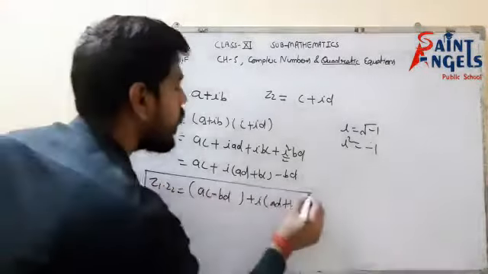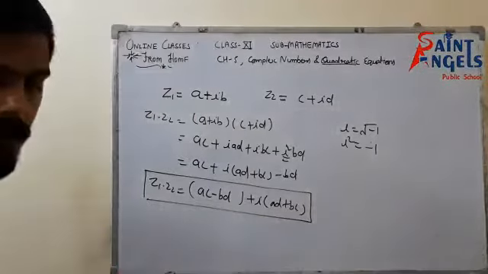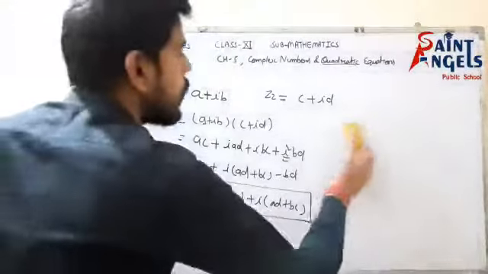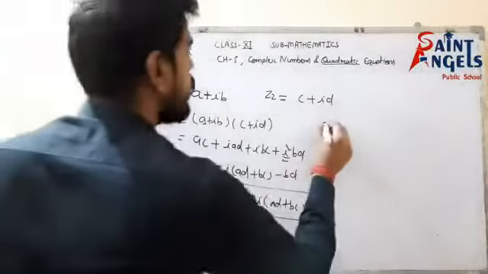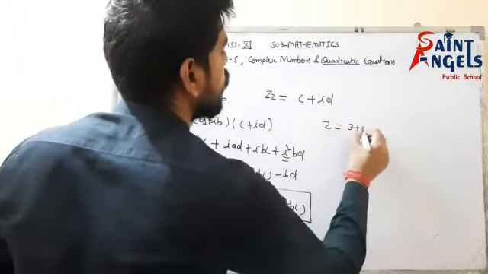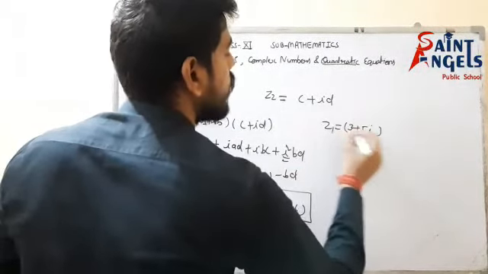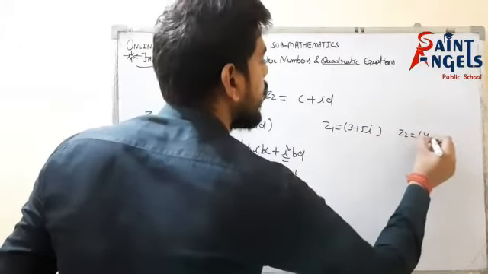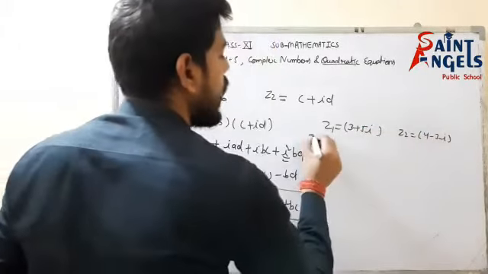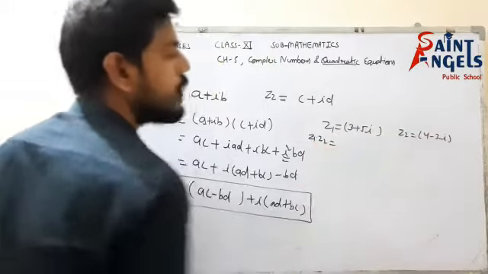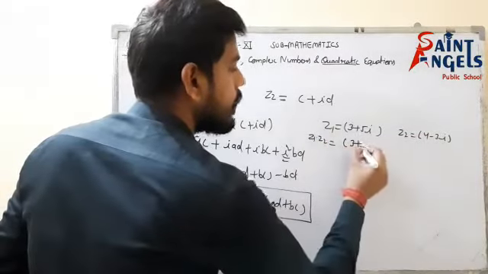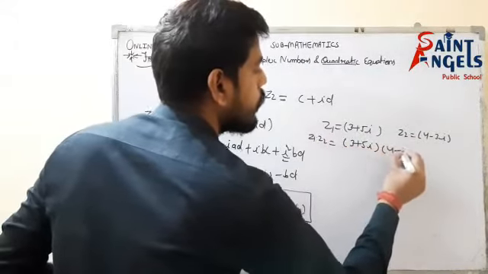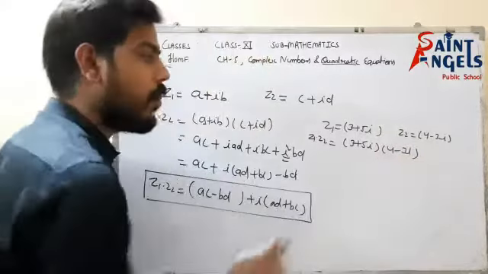This is our multiplication. Now I am giving an example. Suppose we have z1 equals 3 plus 5 iota, and z2 equals 4 minus 3 iota. Then I have to find z1 into z2. First of all, we will write 3 plus 5 iota, 4 minus 3 iota. Okay students? Now just multiply.